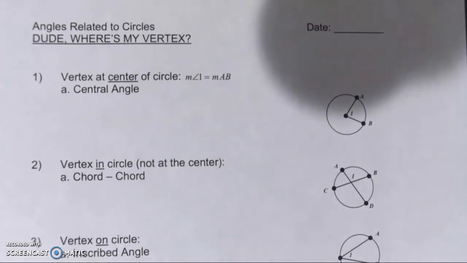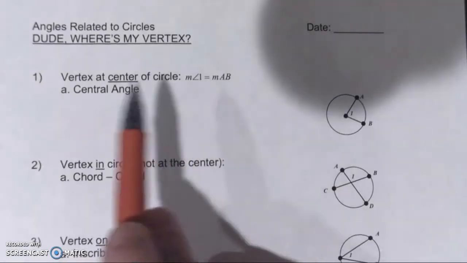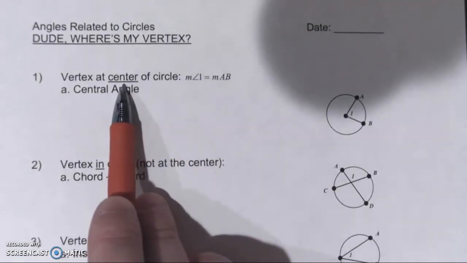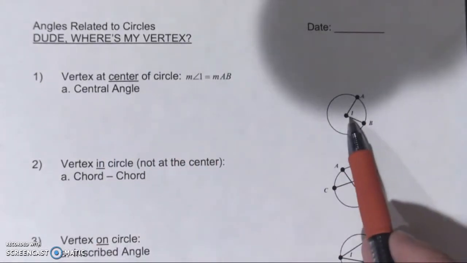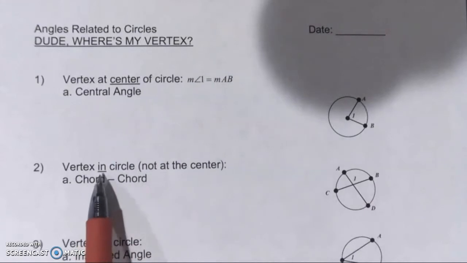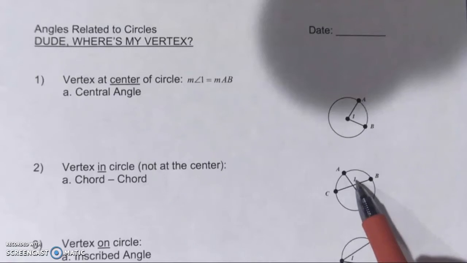So when you're trying to work with the relationships between angles and their intercepted arcs, the first thing you want to ask yourself is, where's the vertex of the angle? And there are really four different choices. We could see an angle whose vertex is at the center of the circle, like angle 1 here. We could find an angle whose vertex is somewhere in the circle, not at the center though, like angle 1 here.